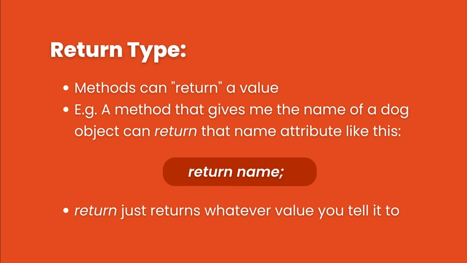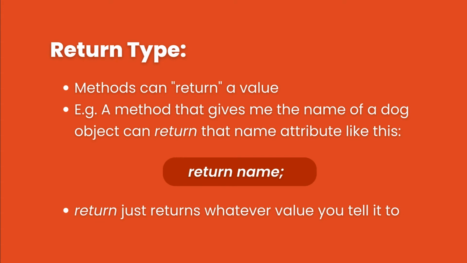So basically, when I call this method in the dog class on a dog object, I should get the name of the dog. But what if I just wanted to get the name of the dog and store it in a separate variable, and I didn't want it to be printed out? Then, how would the method give me the name of the dog?